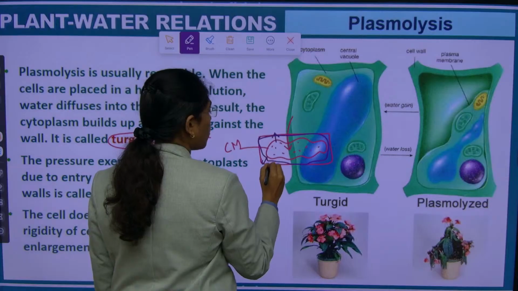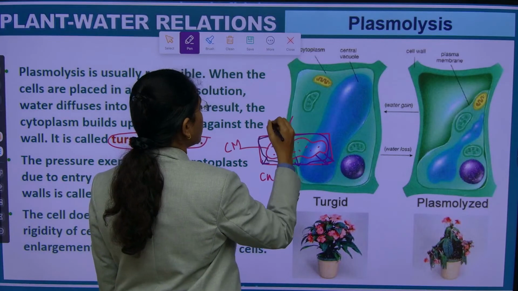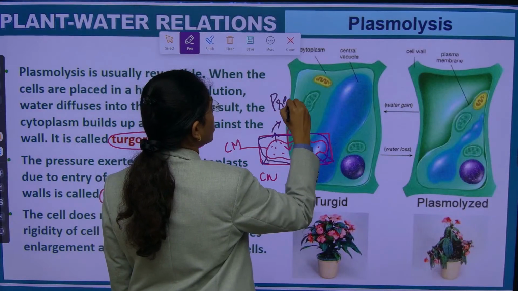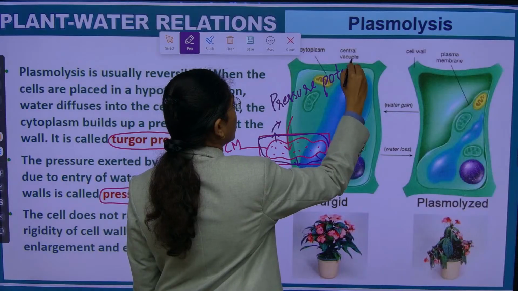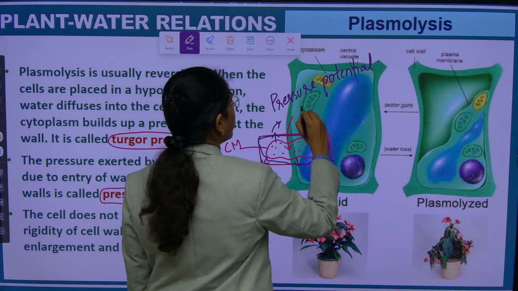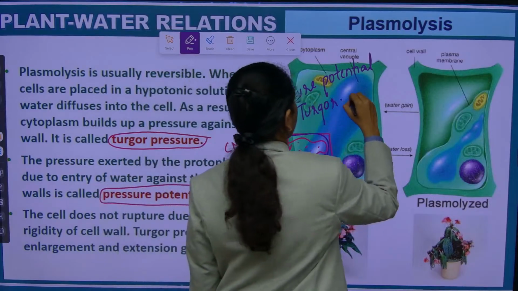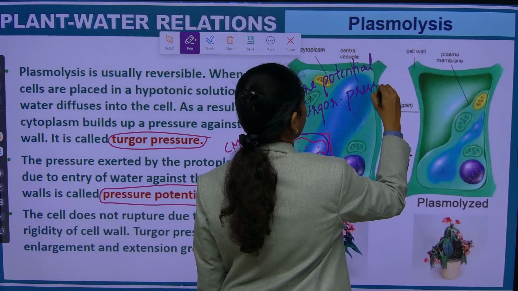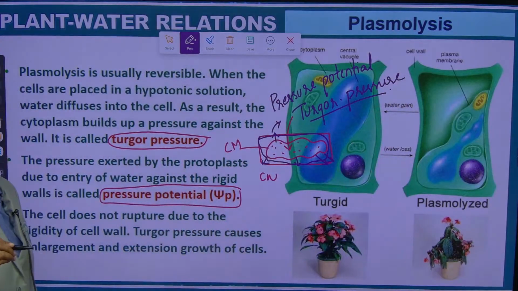This pressure which the cell membrane exerts on the cell wall is addressed as pressure potential, or turgor pressure. Clear till here? Any doubt anywhere?